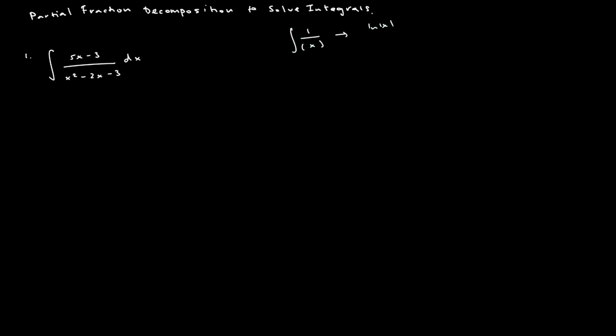And what partial fraction decomposition allows us to do is decompose a fraction into terms that can get us into this form that we actually know how to find the antiderivative of. That's the whole notion behind using partial fraction decomposition to solve integrals.